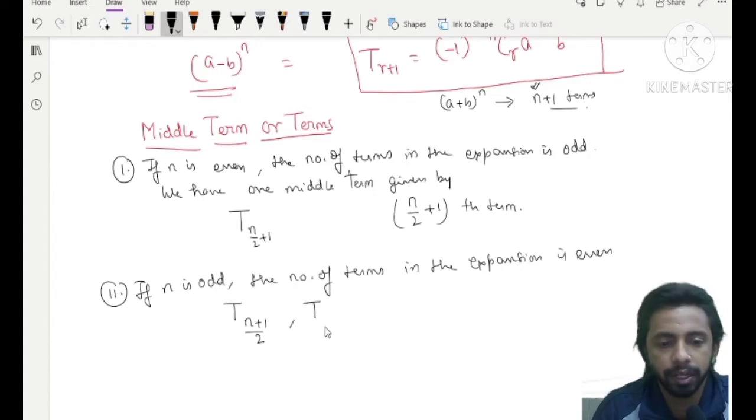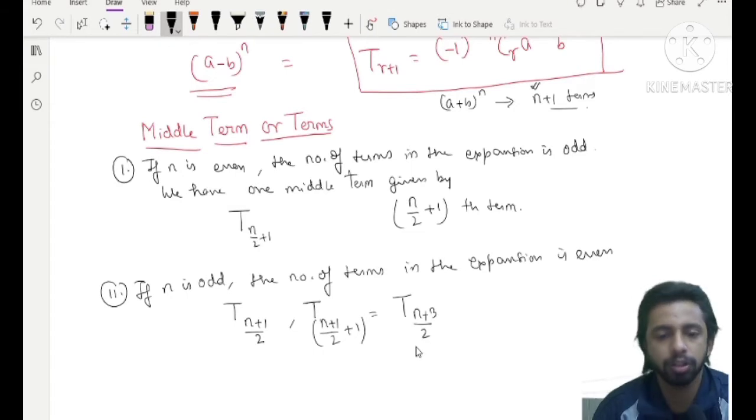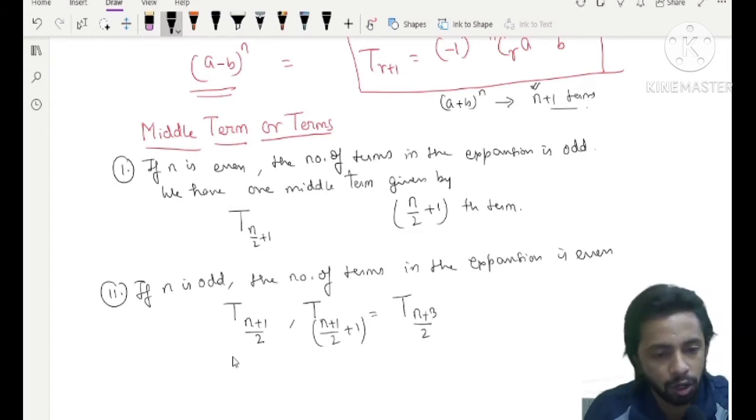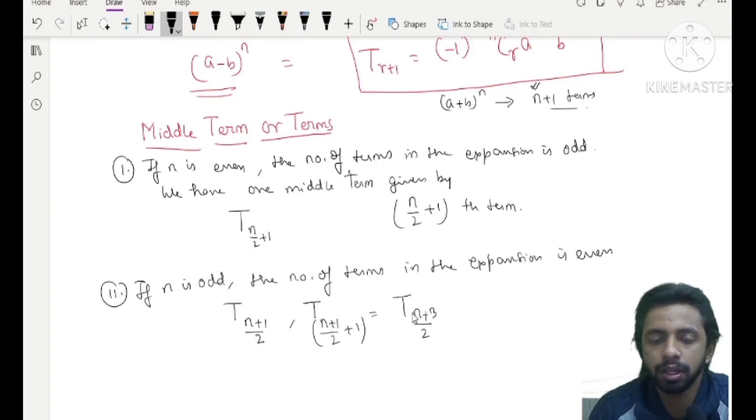So this will be t of n plus 1 by 2 plus 1, isn't it so? So this will be t of n plus 3 by 2. So we have two middle terms when the number of terms in the expansion is even. One middle term is t of n plus 1 by 2 and the other middle term is t of n plus 3 by 2.